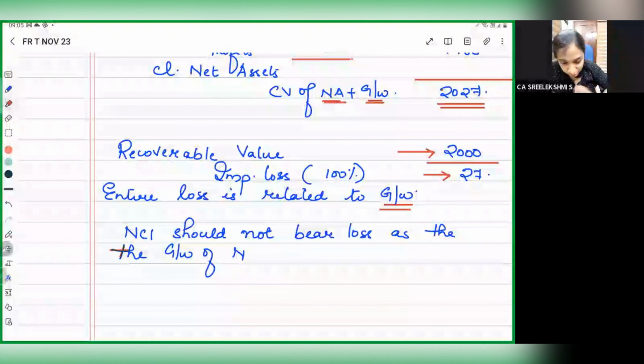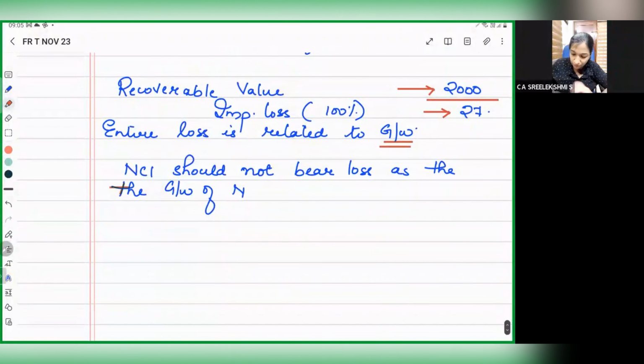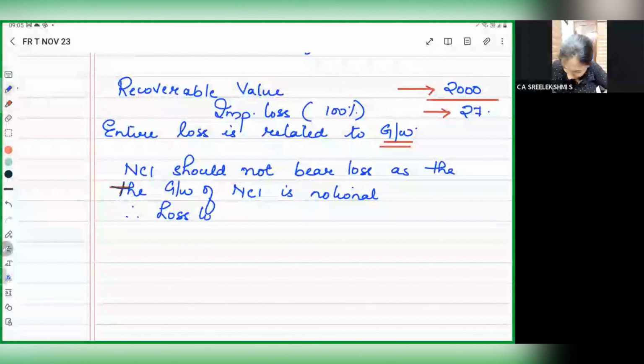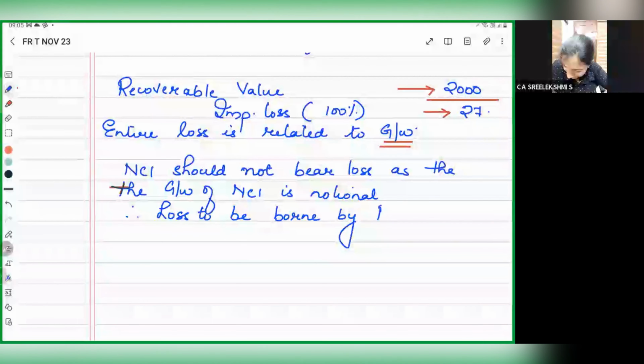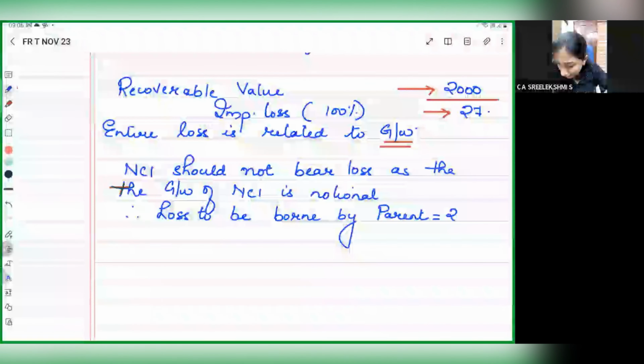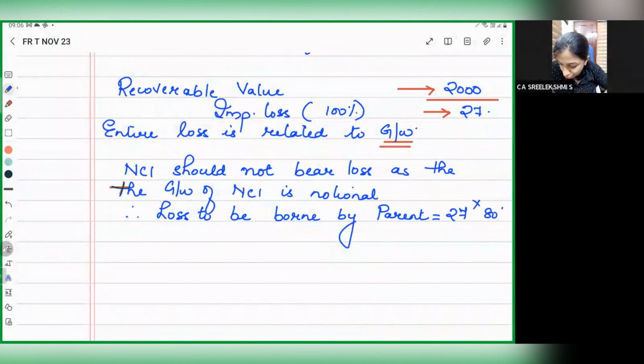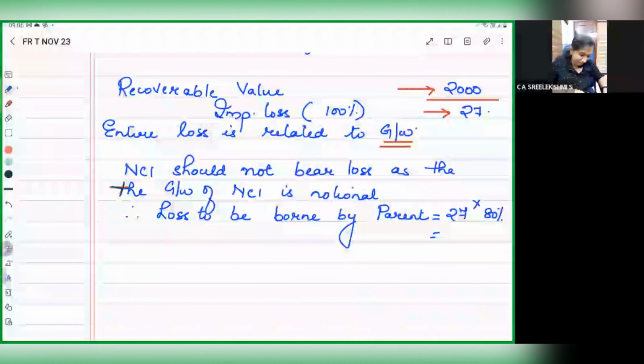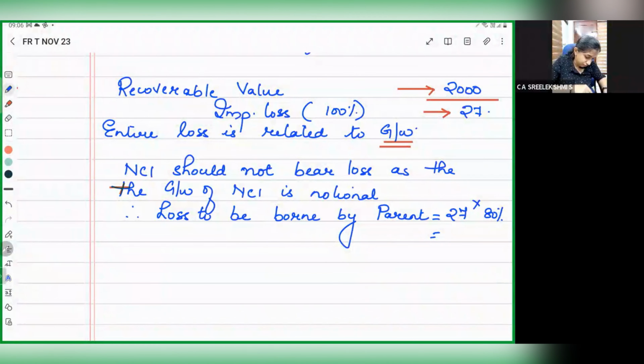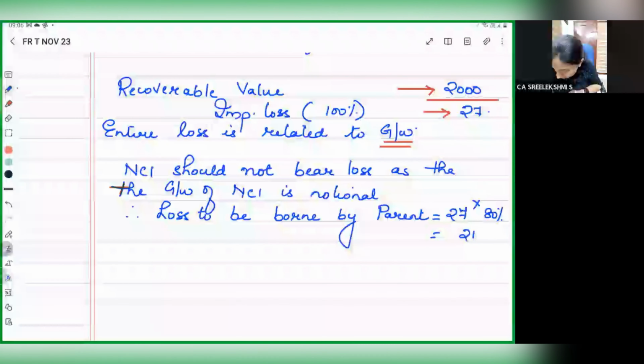Goodwill is what is written off first. NCI should not bear the loss, as the goodwill of NCI is notional. Therefore, the loss is to be borne by the parent. 27 into 80% is 21.6.